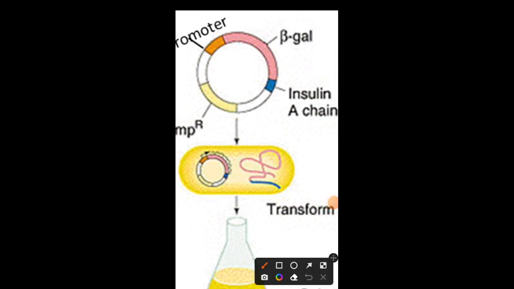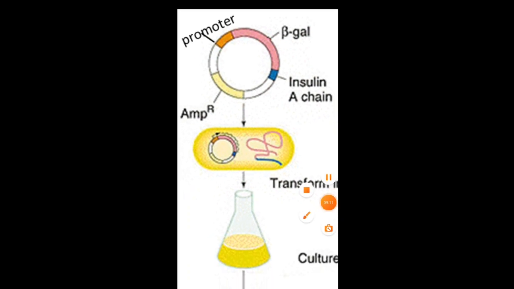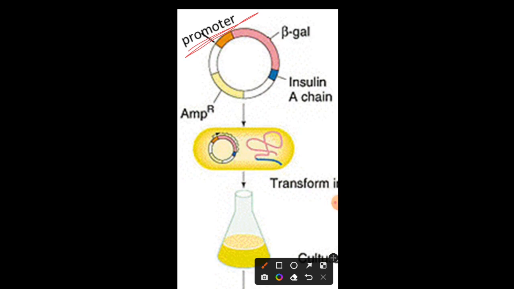So the first thing that we need is a promoter inside the vector, because remember, here we are going to produce insulin protein. That means we need expression of the gene, so a promoter is necessary. Along with that we will incorporate beta gal. This beta gal will induce transcription of the gene and also ensure that our protein of interest is transcribed.